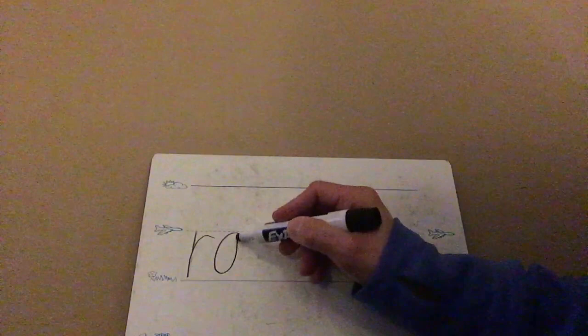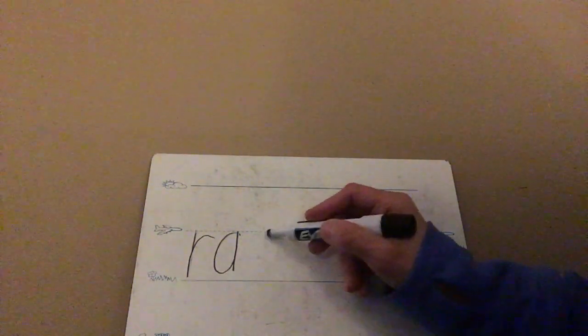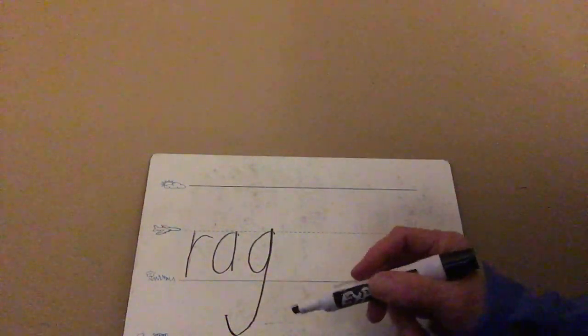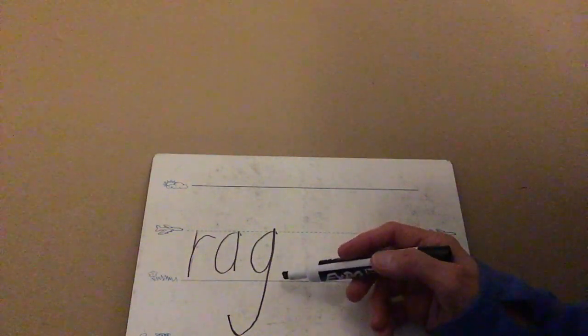R-A. Very good. Lowercase a. Rag. Another G. That's right. Starts out like an A, but you touch the worm line. What word is this? That's right. It's rag. How do you spell rag? Very good. R-A-G.